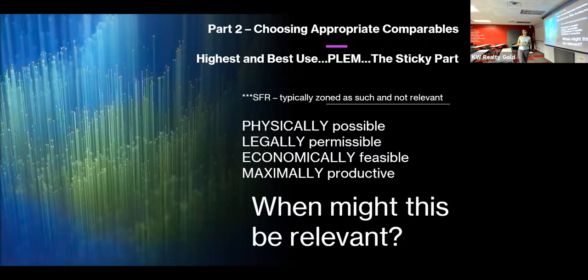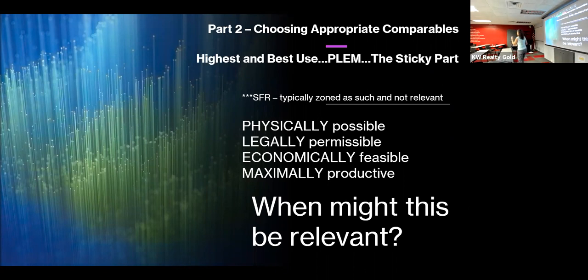Most of the homes that we look at are single family residences. Single family residence is great if it is zoned as a single family residence. But what happens when it's zoned agricultural? What happens when it's zoned single family or multifamily?